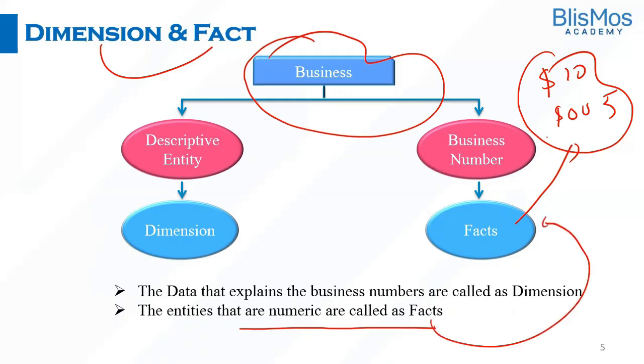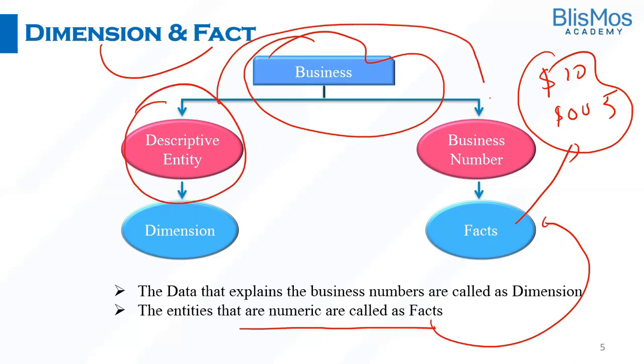The reason we call them a fact is that once an entry is made in a table, you cannot change it. On the other hand, we have descriptive entities which describe the facts. They are called dimensions. So facts are the numeric values, and descriptive entities explain the business numbers.